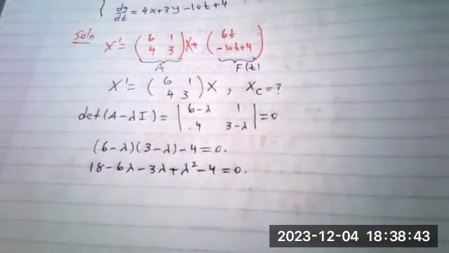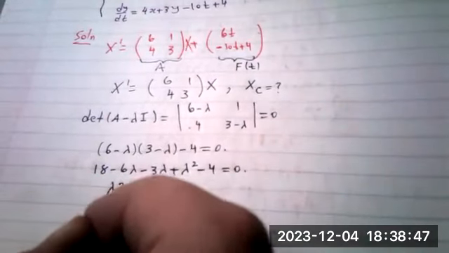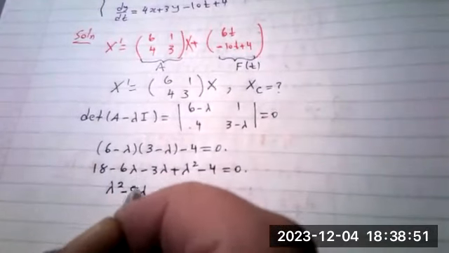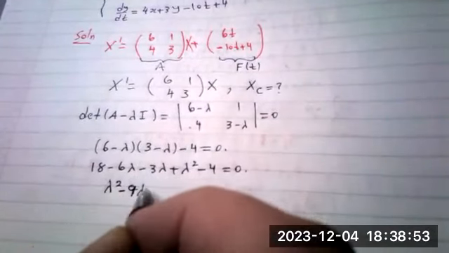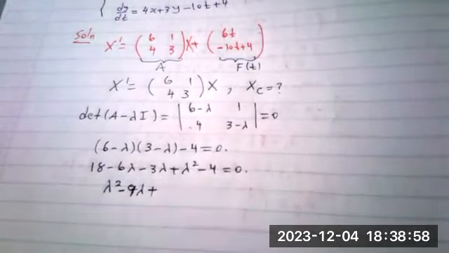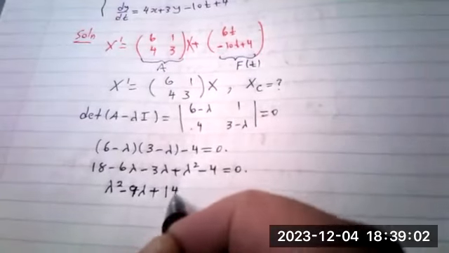Combine the like terms. So we end up with what? It's going to be lambda squared minus 9 lambda plus 14 equal to 0.